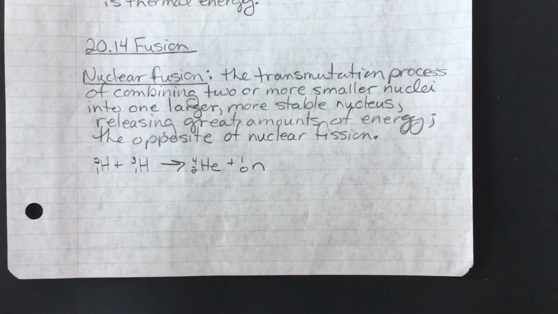We can, obviously, we have hydrogen bombs. We can cause this reaction, but it's hard to control and it's hard to sustain because it does need really high temperatures. And the sun happens to have high enough temperatures to keep this going. And one of the problems to keep it going is having materials to contain the reaction. They do have some ideas. You can read about those in your book. I'm really not going to get into them, about being able to contain that reaction. One of them, I believe, using magnets.